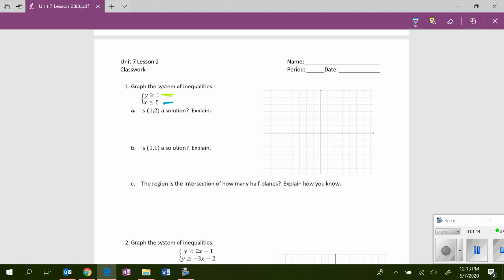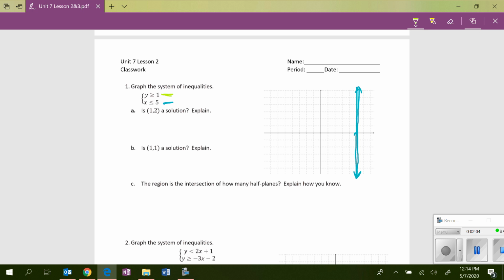So 1, 2, 3, 4, 5 right there, and it's a line here like that. I know that it's a solid line because it's a greater than or equal to. If it has that equal to underneath, then you have to have a solid line.